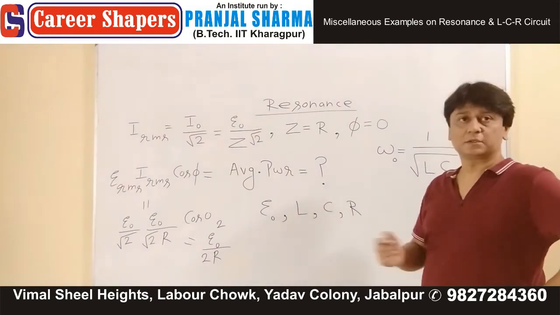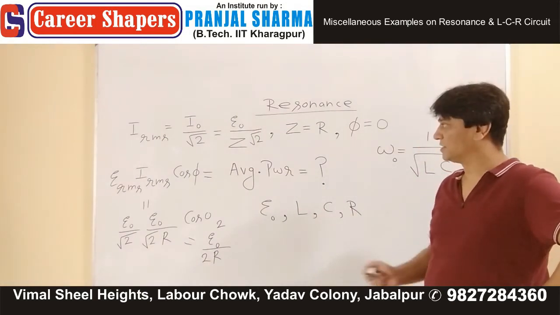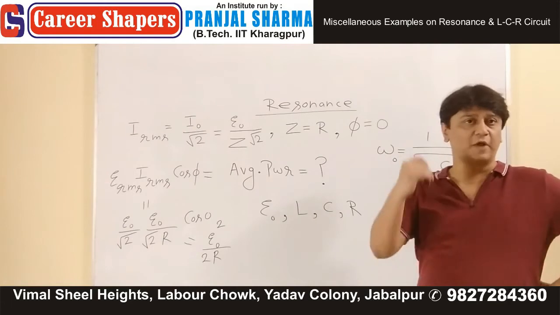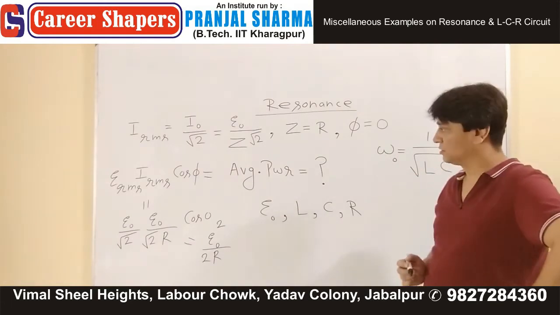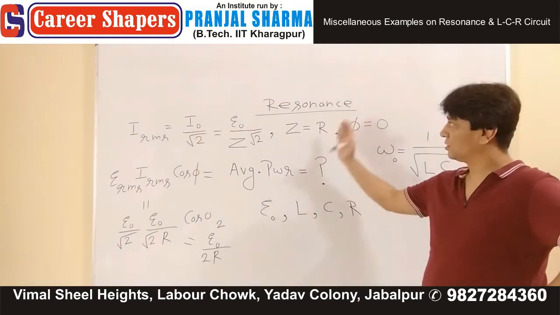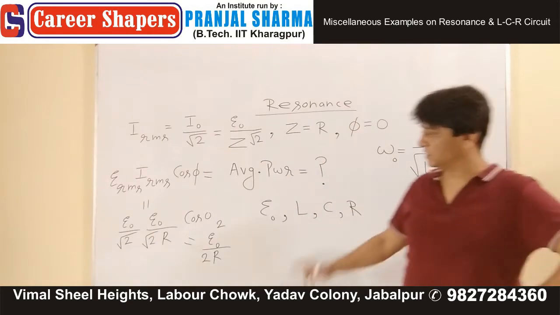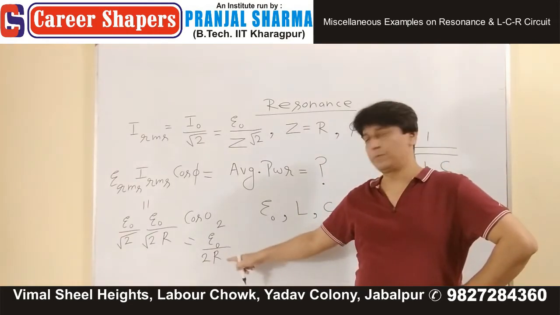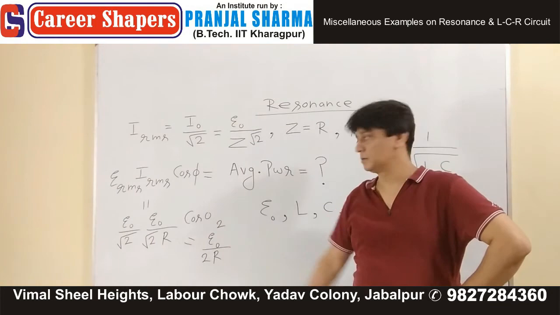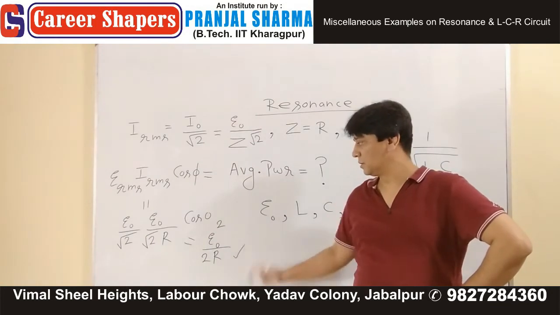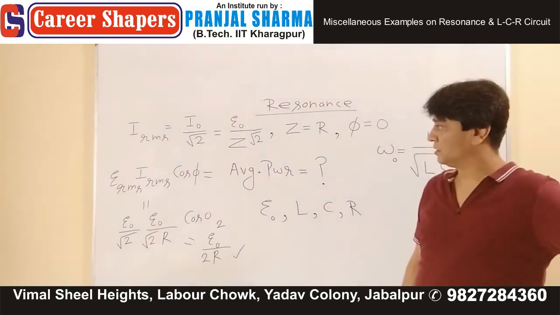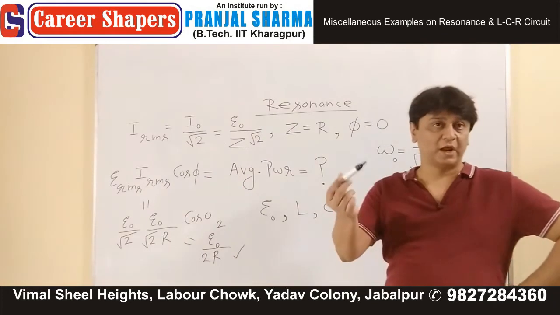Again, a standard result for competitive examinations, in fact for any objective examination. Average power during resonance is E naught square upon 2R. Note down this much. And try to learn the way you answer things.